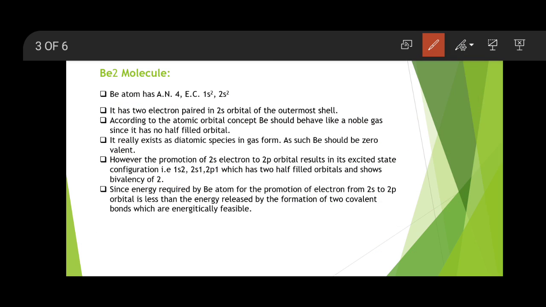Again the question will arise in mind, is it possible that electrons are promoted from 2s to 2p orbital, how is it possible? Yes, it is possible at very low energy, because of the energy released by the formation of two covalent bonds, which is energetically feasible, and because of that the promotion of electrons can take place easily.